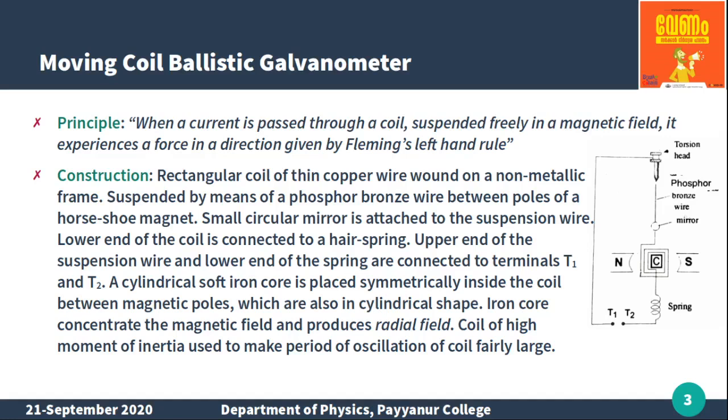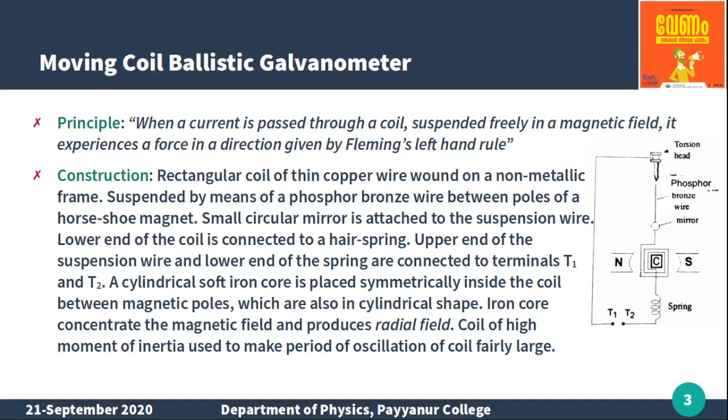So the iron core concentrates the magnetic field and produces the radial field. Radial field means the field is going through the radius of the circle. That will help to maintain a parallel field along the surface of the coil, and if you draw a normal to the surface of the coil, it is always perpendicular to the magnetic field. That is the importance of the radial field.